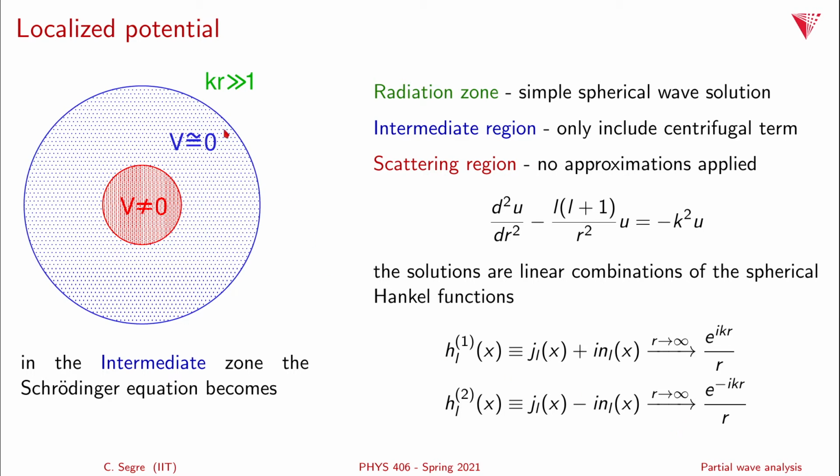So these can match up very nicely with the solutions in the radiation zone, which include an outgoing spherical wave and an incoming spherical wave. But of course, since we're scattering, we don't care about the incoming spherical wave, so we're only going to keep the outgoing wave h sub L, the first kind, which is j sub L plus I n sub L of x.